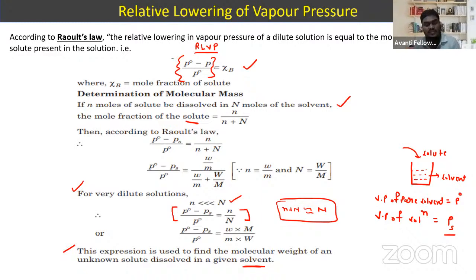Remember, we use this formula only when the solution is very dilute. So (P naught minus Ps) upon P naught equals w times M upon m times W. So this is all about the relative lowering of vapor pressure. I hope this is clear to you.